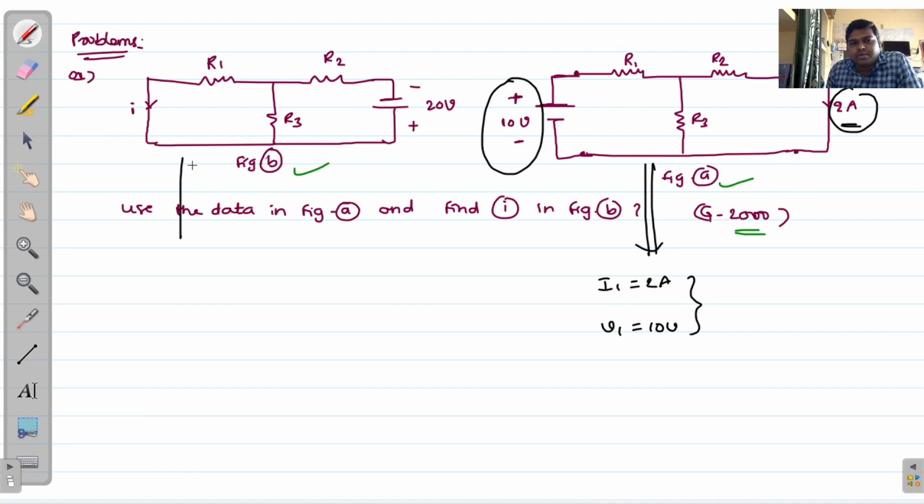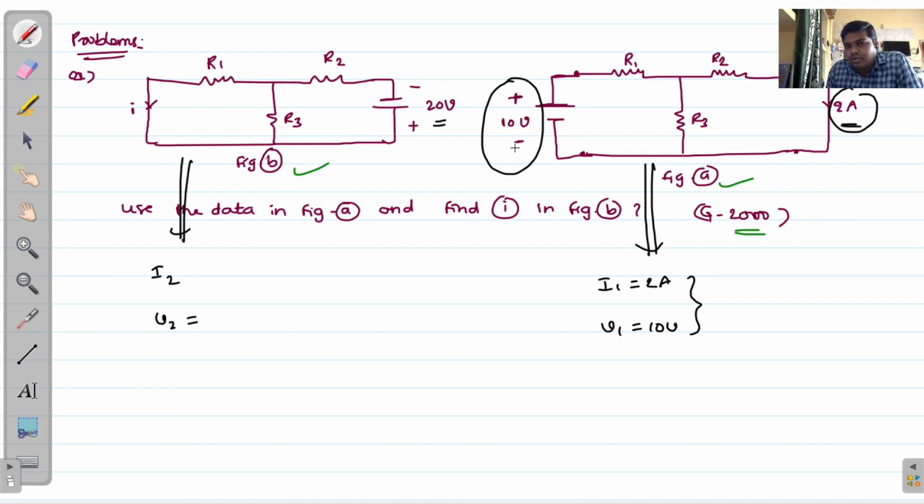From the second circuit, I have to consider two variables, that is I2 and V2. Here V2 is provided. If you observe, the plus minus sign convention is like that, and the current direction is downward. But when coming to the second circuit, the voltage source polarities are reversed.